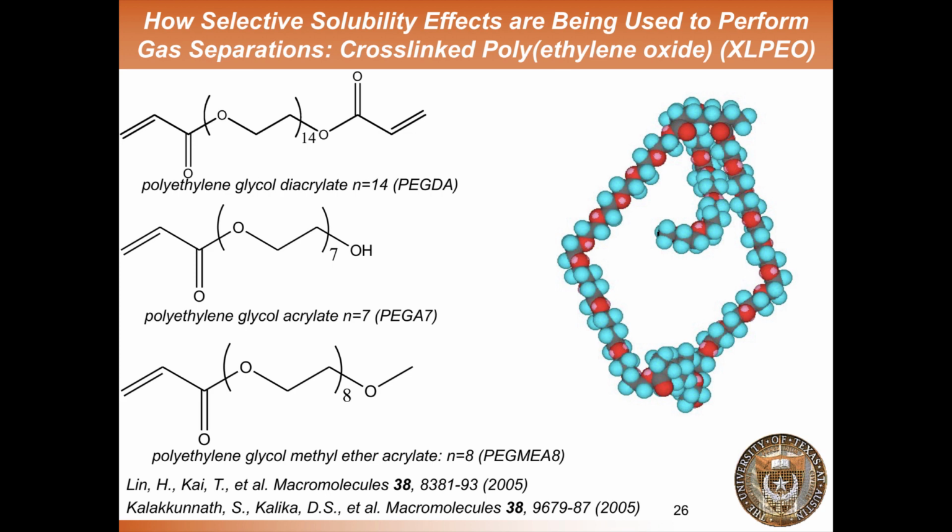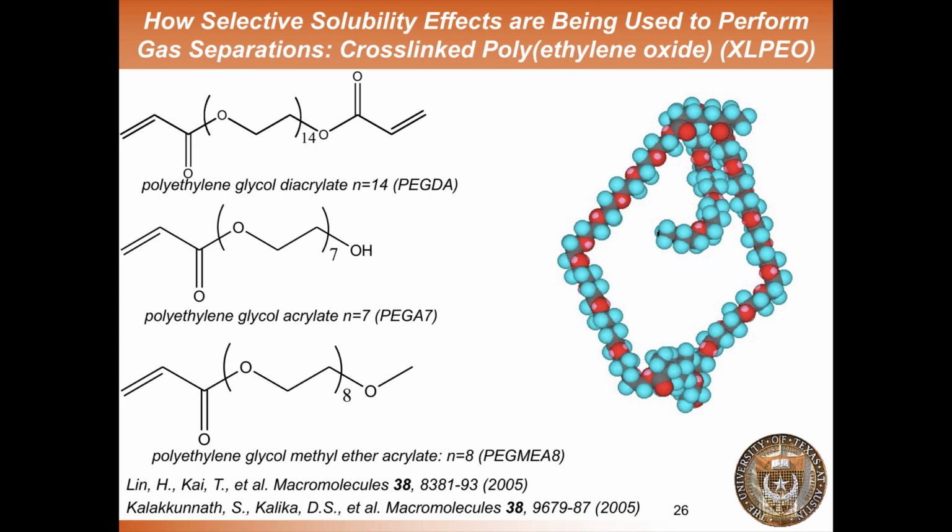Polyethylene oxide wants to crystallize, and if it becomes crystalline, there's very little gas transport through such a material. It crystallizes into a lattice that involves 7 monomer units in 3 turns.